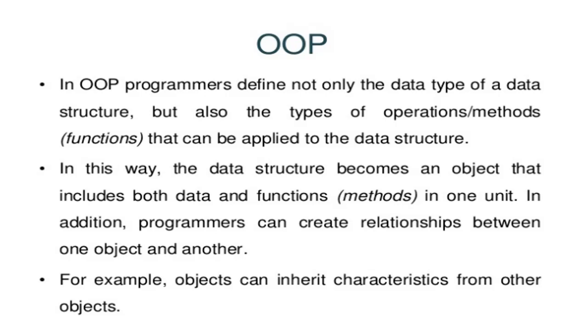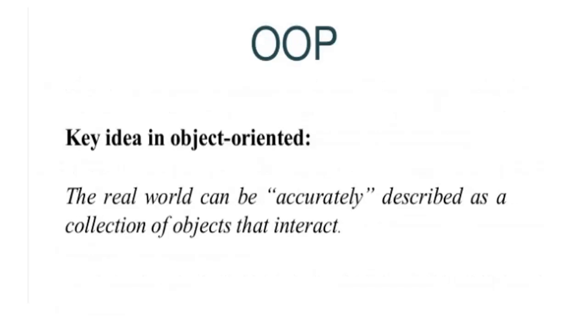In addition, programmers can create relationships between one object and another. For example, objects can inherit characteristics from other objects. It is one type of characteristic of inheritance which is given by OOP. The real world can be accurately described as a collection of objects that interact. This is a key idea in object-oriented programming.